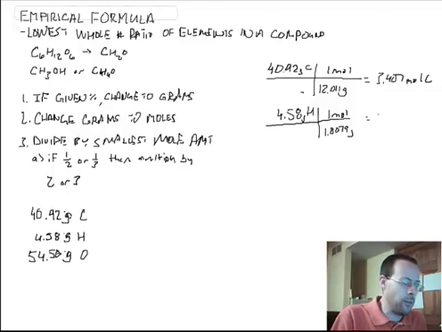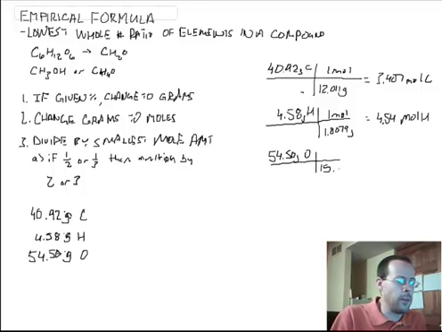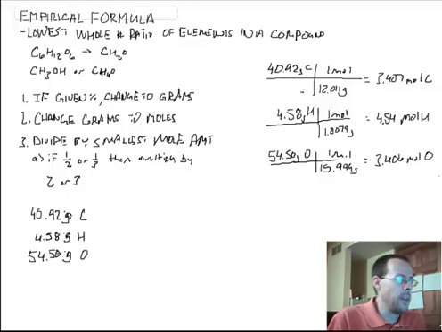When we do that math, we're going to get something like 4.54 moles of hydrogen. And then lastly, we have 54.5 grams of oxygen. The molar mass of oxygen is 15.999 grams per mole. When we do that, we get 3.406 moles of oxygen. Alright, so we've just done step 2, change grams to moles.